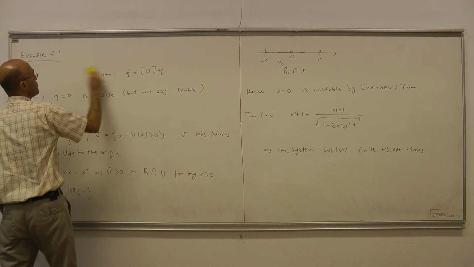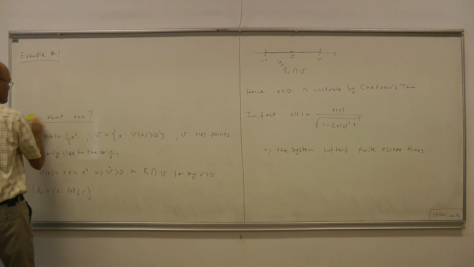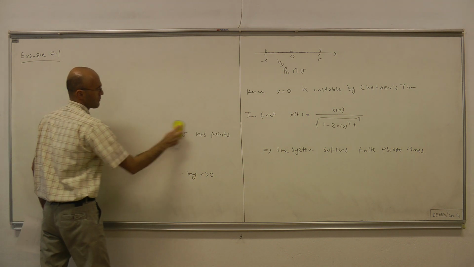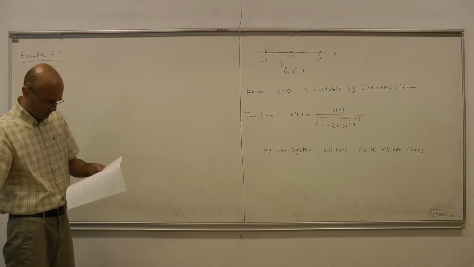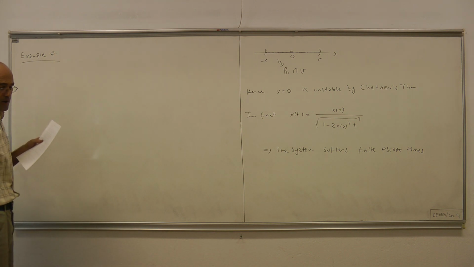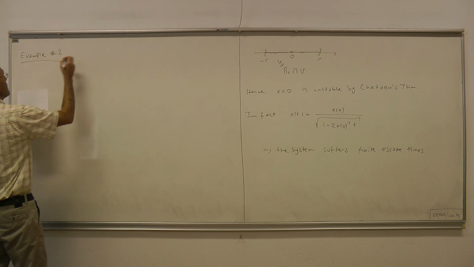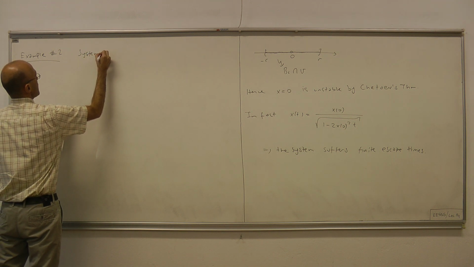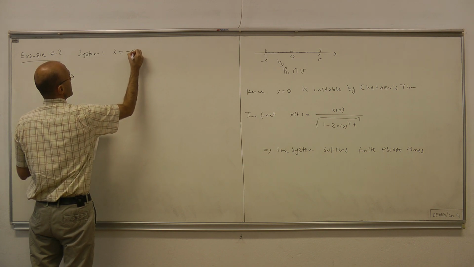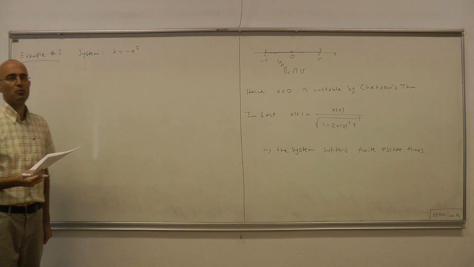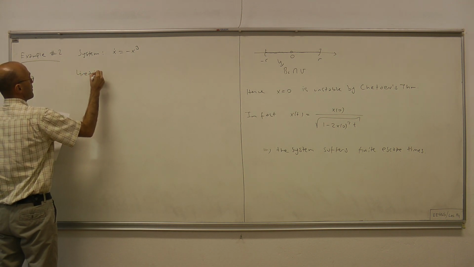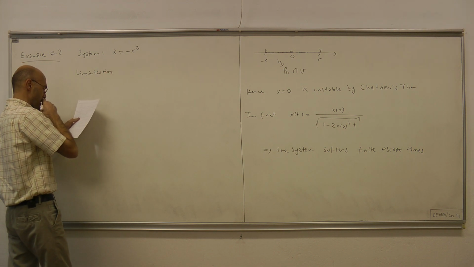Now let's move to the second example. Example 2. This time it's almost the same system: x dot equals minus x cubed. And the linearization is the same.